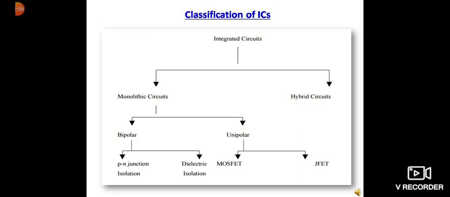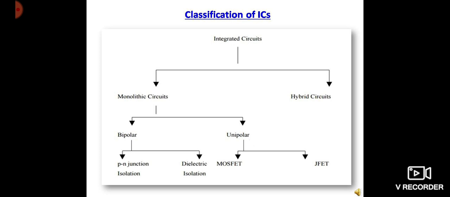This is the classification, that is, the different types of ICs commercially available to us. Integrated circuits can be broadly classified into two types: monolithic ICs and hybrid ICs. Monolithic type is further classified as bipolar and unipolar types depending on the type of active devices used.